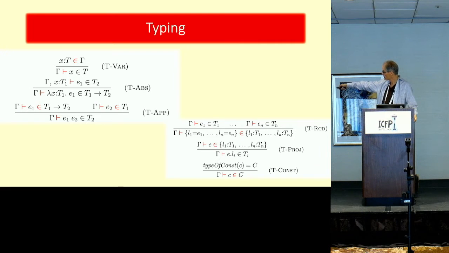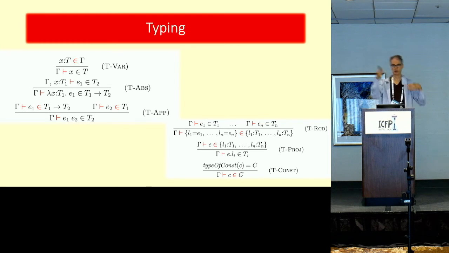And the variable rule says, look up the type in the context. The abstraction rule says, take the declared type from the function, put it in the context, and then find the type of the body. And then the type of the whole thing is the type of the parameter, arrow, the type of the body. Application is the other way around.